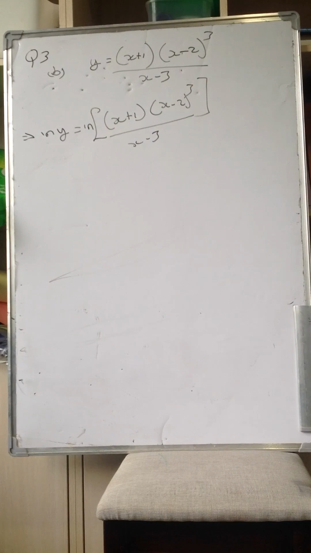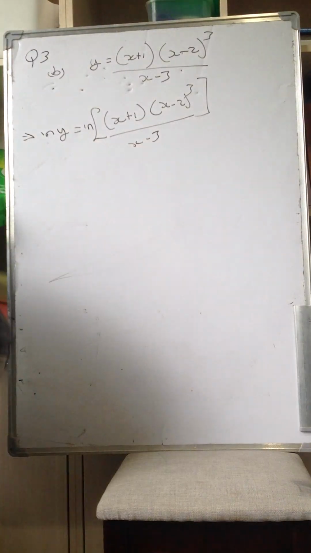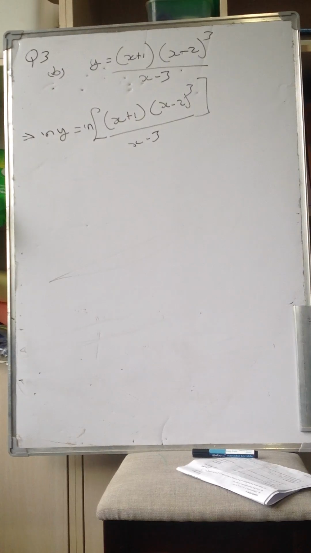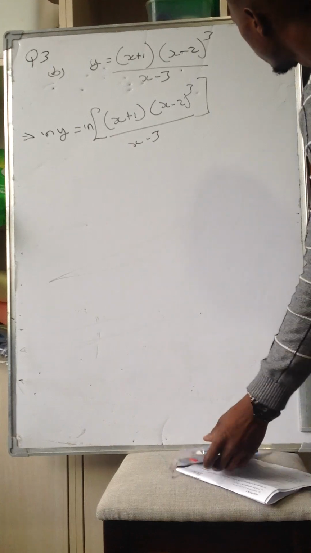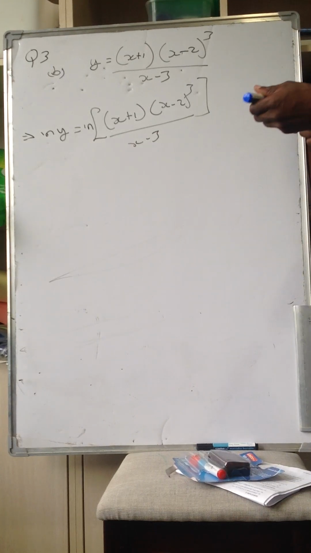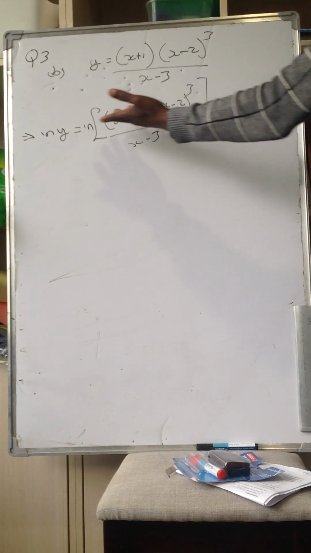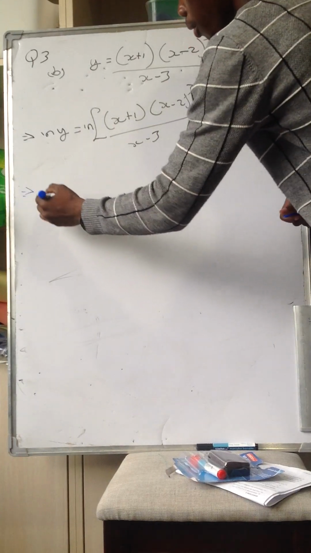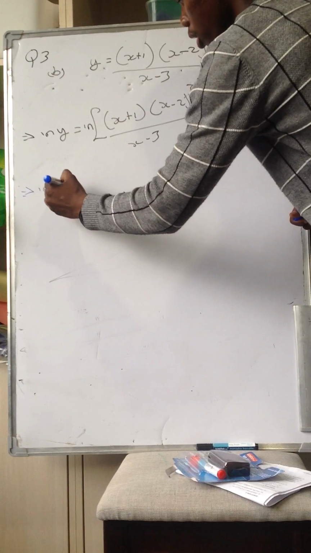Since I have this, let me remove these brackets which I have included here. So I have ln y equal to this.